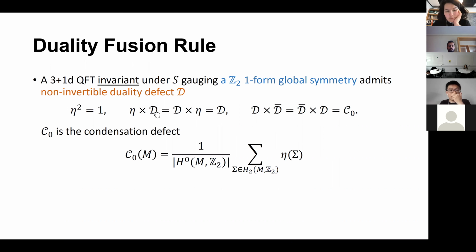When we fuse eta with D, the fusion will be commutative, and we will always get D. And when we fuse D with D bar, we just get the condensation defect. In some sense, the fusion of duality defects is a direct analog of the Kramers-Wannier duality fusions. And triality defects are a little bit like a generalization of these fusion rules.